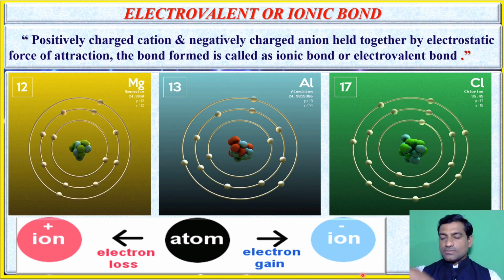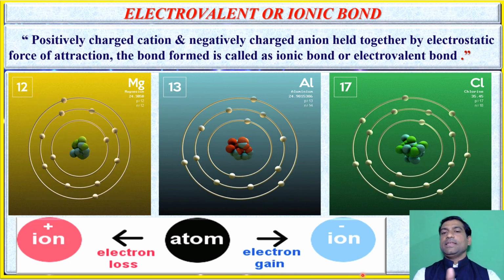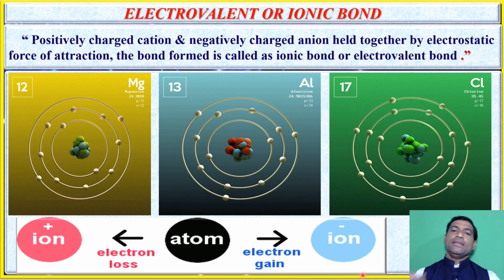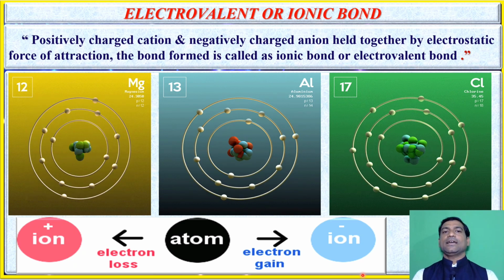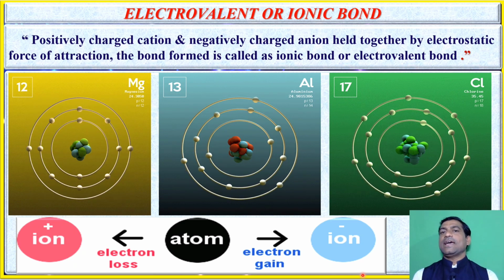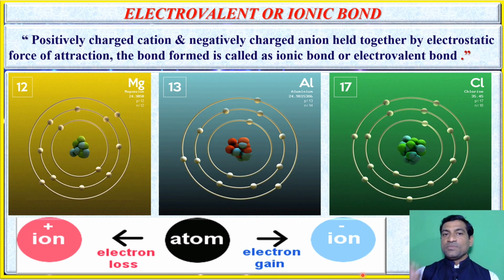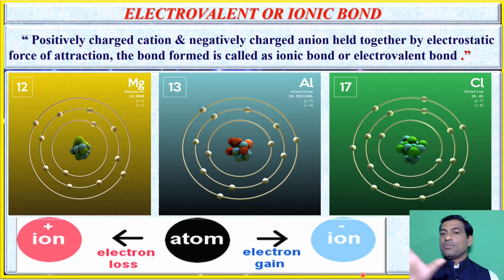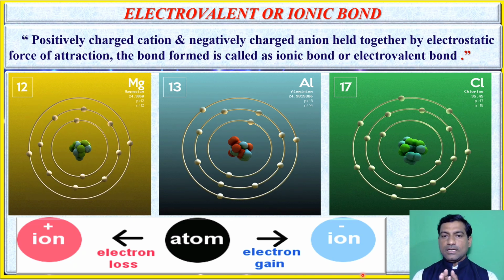Means electron डोनेट करणारे काय पॉझिटिव्ह आयन बनतात आणि इलेक्ट्रॉन ऍक्सेप्ट करणारे काय निगेटिव्ह आयन बनत असतात आणि दॅट पॉझिटिव्हली चार्ज्ड कॅटायन अँड निगेटिव्हली चार्ज्ड anion hold together by the electrostatic force of attraction. That bond formed is called the electroionic bond or electrovalent bond.